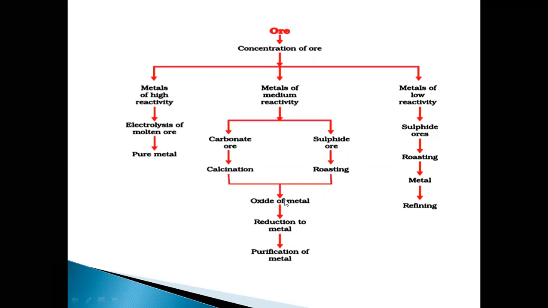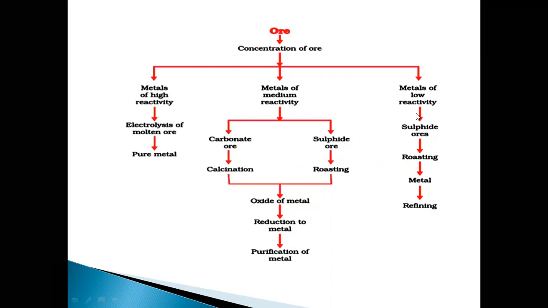This is the procedure, right? Understood? So for a metal of medium reactivity, the two forms are carbonate or sulfide. If carbonate, the process is calcination, and if sulfide ore, the roasting process. For both, you get the oxides of metal, and by the reduction process we get the metal, and then the purification of the metal.